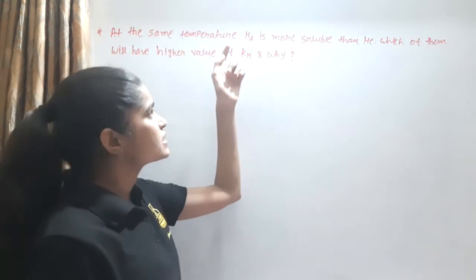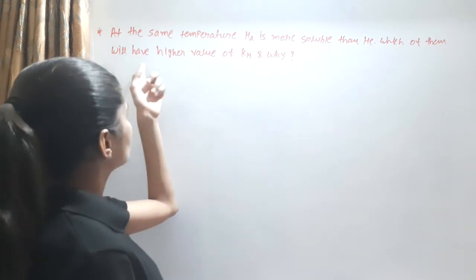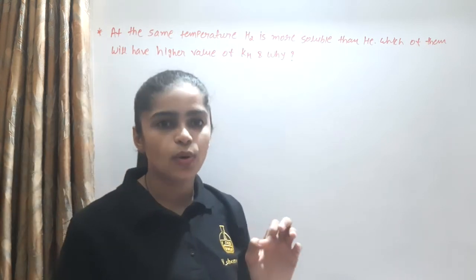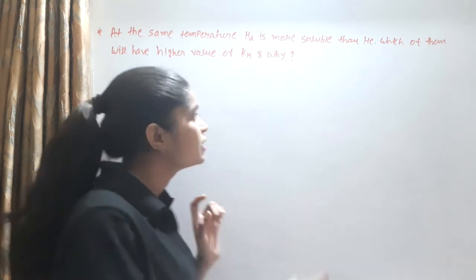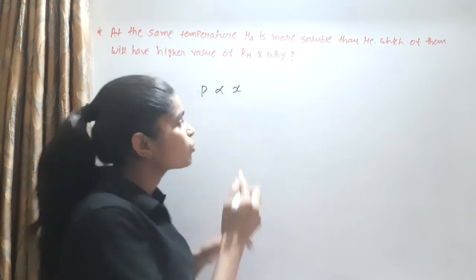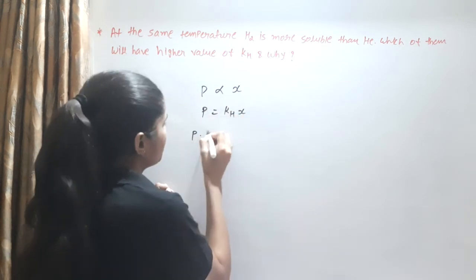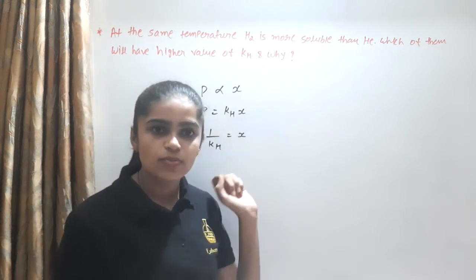At the same temperature, hydrogen is more soluble than helium. Which of them will have a higher value of KH and why? We know Henry's law states that the partial pressure of the gas P is directly proportional to the mole fraction X. So P is equal to KH X, where X equals P times 1 by KH. This X is the mole fraction.